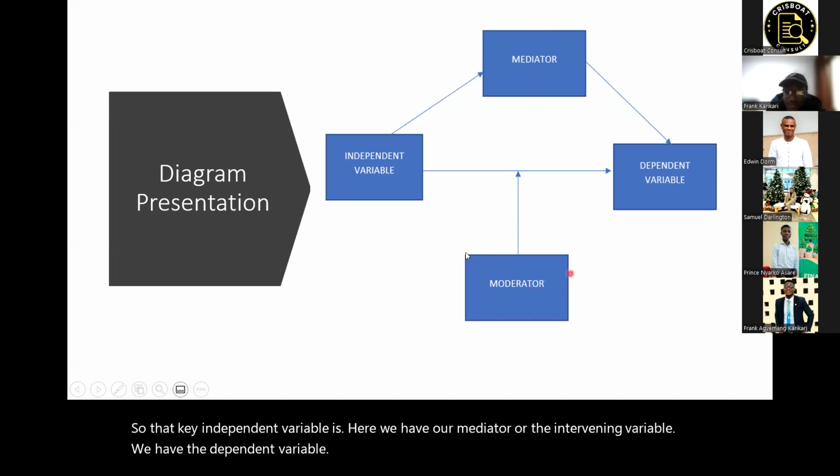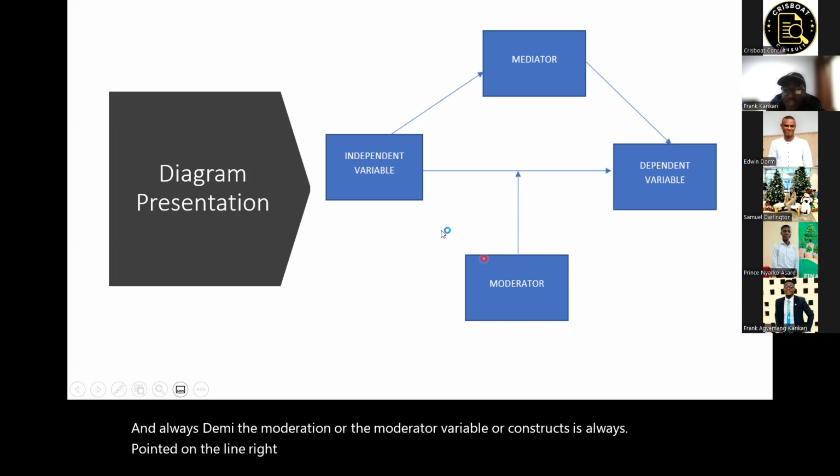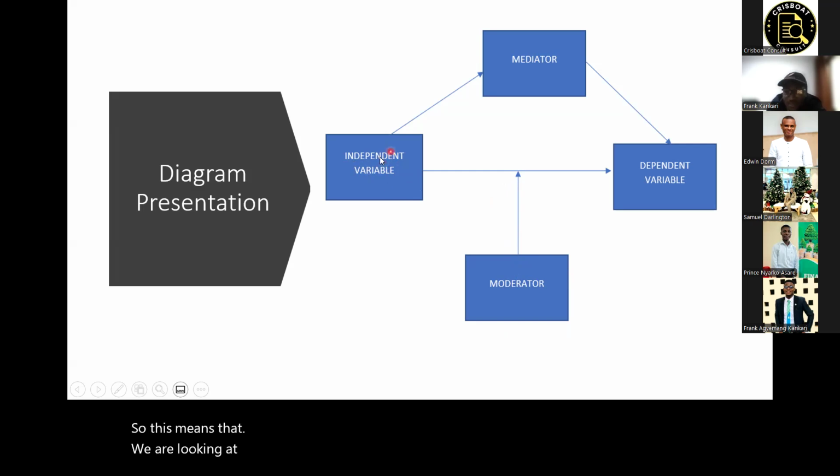And always the moderation or the moderator variable or construct is pointed on the line, right? As you can see here, this means that we are looking at the moderation relationship between the independent variable here and the dependent variable.